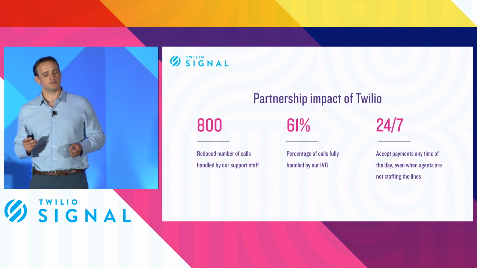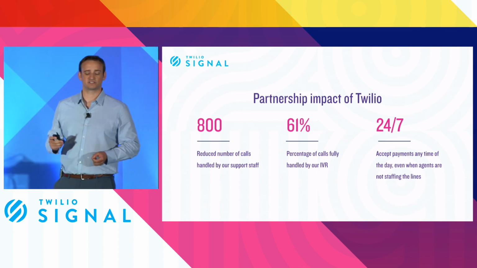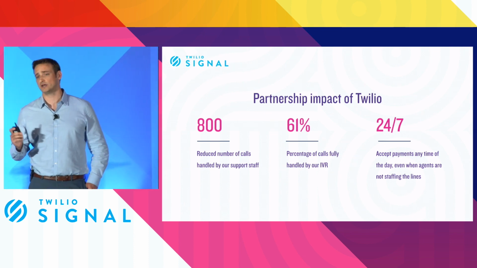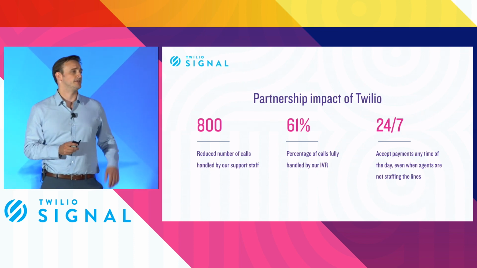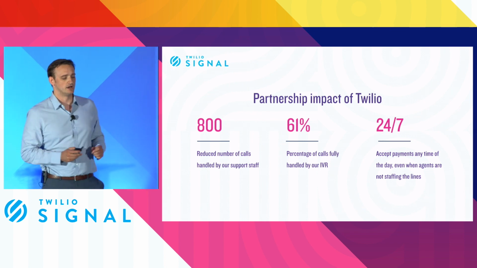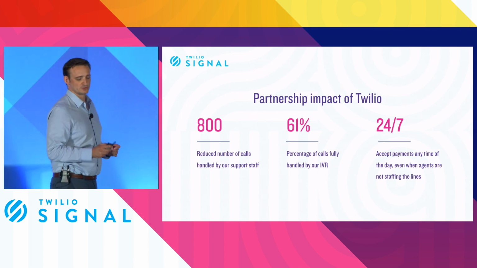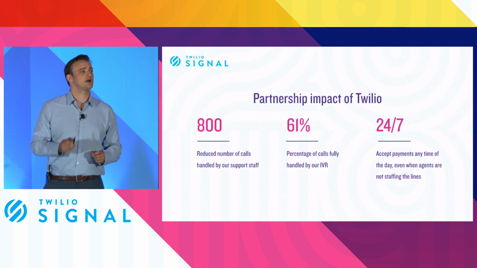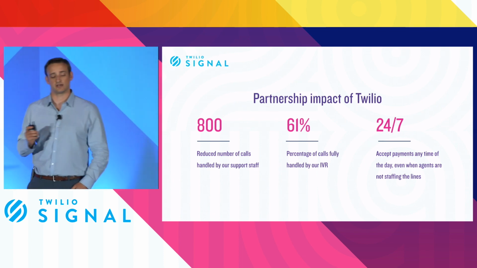With the partnership impact of Twilio, we were able to reduce the number of calls that we received by 800 in the first month alone of the Twilio partnership and the Twilio Pay beta. And when it comes to calls that actually received the payment, over 61% of them were taken without any customer service interaction at all.